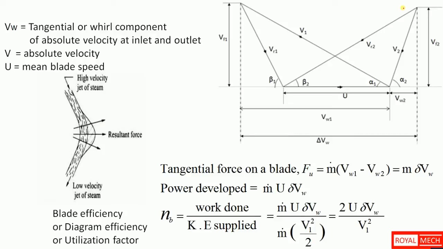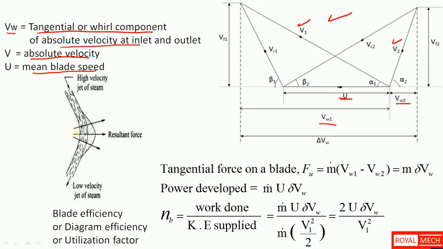We still have a lot of things to know about blade efficiency. This is the combined velocity triangle of the impulse turbine, where Vw is the tangential or wheel component of absolute velocity, for inlet and for outlet, and V is absolute velocity, V1 for inlet and V2 for outlet, and U is the mean blade speed.